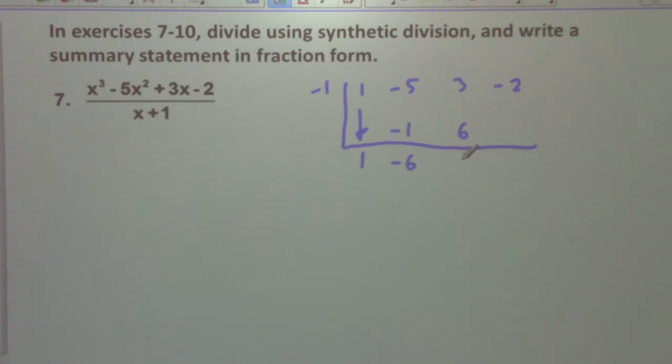Then you have 9, then a -9, and -11 is what's left over. Remainder. So I'll put a capital R for this one. And what's this going to be? It's going to be 1 what? X squared. So x squared minus 6x plus 9 minus 11 over x plus 1.